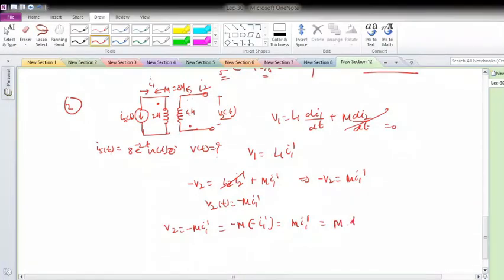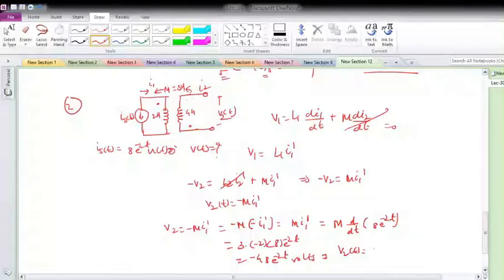So it is M times d/dt of 8 e raised to minus 2t, and M is 3, and differentiation of 8 e raised to minus 2t gives minus 2 into 8 e raised to minus 2t, so it will be minus 48 e raised to minus 2t volts. So your V2(t) will be minus 48 e raised to minus 2t volts.